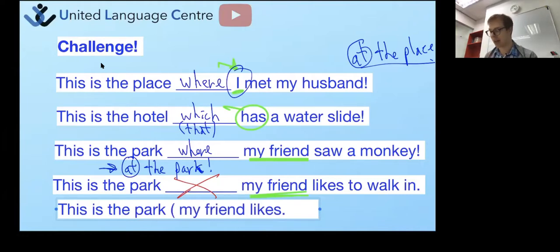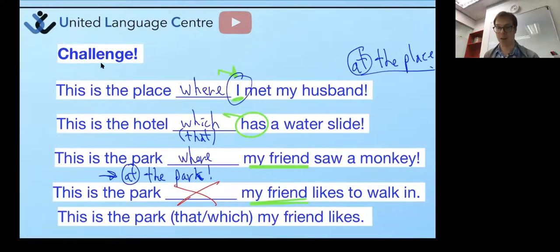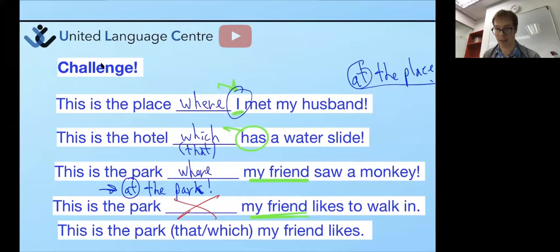Or sometimes we can also add our that or our which. It's also okay. But I cannot use a where, because my answer is, your friend likes. My question would be, what does your friend like? The park your friend likes, not your friend likes at the park. We're not thinking of an at the park.